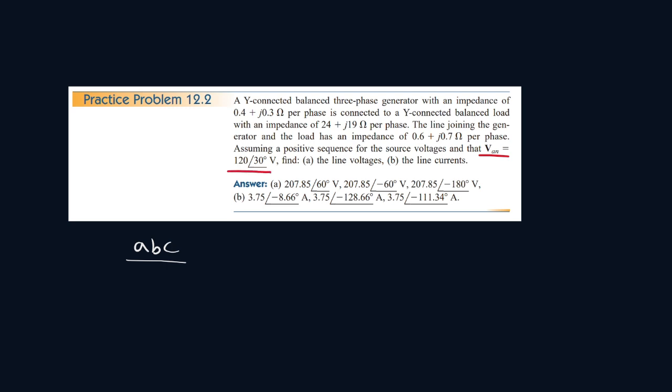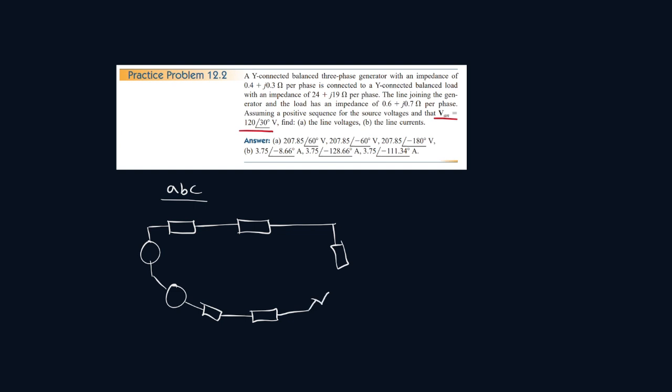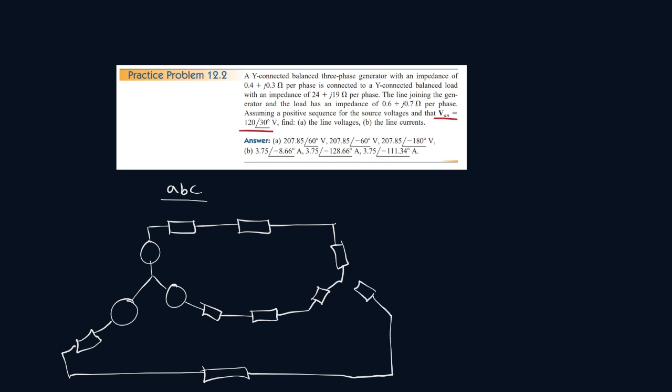Okay, so that means it's in Y configuration, the source and the load. So it's going to look something like this. We have one impedance load here, another here, and another here, and then one more down here. So this is plus minus, plus minus, plus minus.